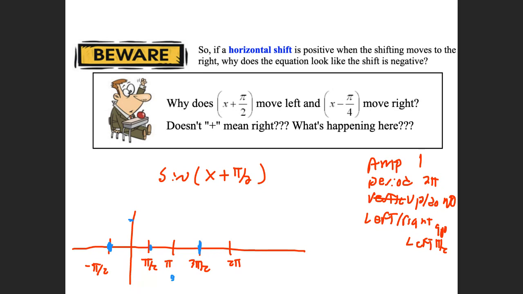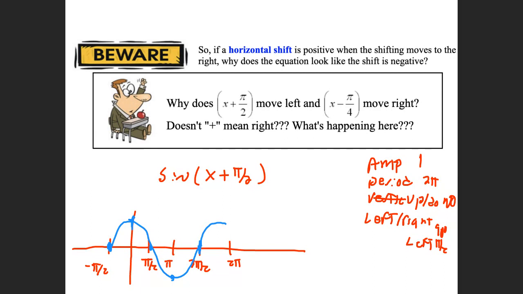So here's my graph. Boom. That's it. It's basically a cosine graph. Because a cosine graph would start here, go down, and then continue back up to here. You're right, it's a cosine graph, exactly.